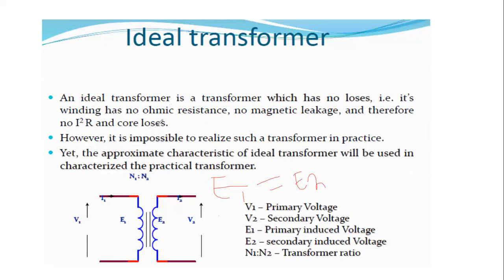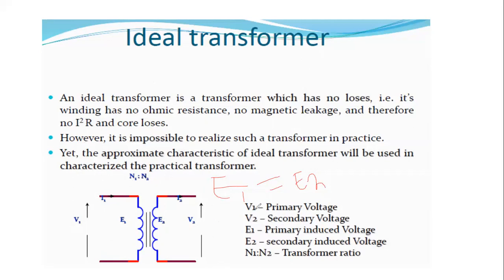There is no leakage of flux. Therefore, the same flux will be linking the secondary winding also. The same flux links both the coils, which means the same EMF is induced. This type of transformer is known as the ideal transformer.